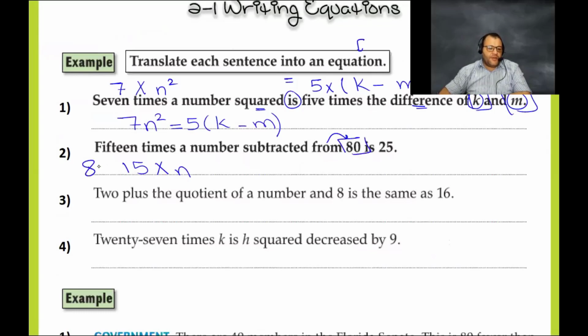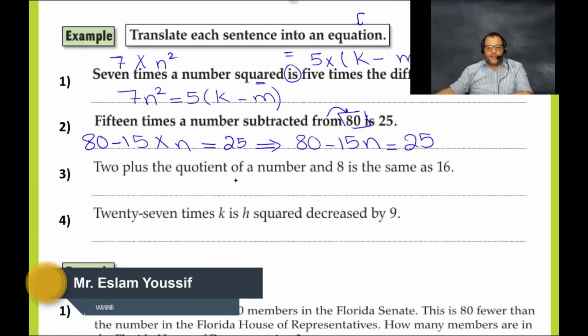So we have 80 minus 15n is equal to 25. So it will be 80 minus 15n is equal to 25. Any problem for this one? No. Okay.